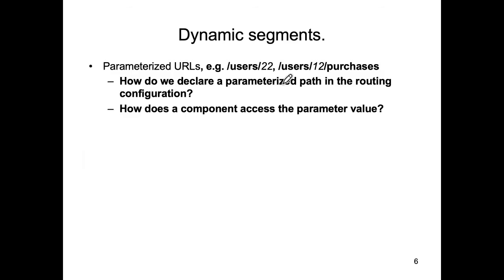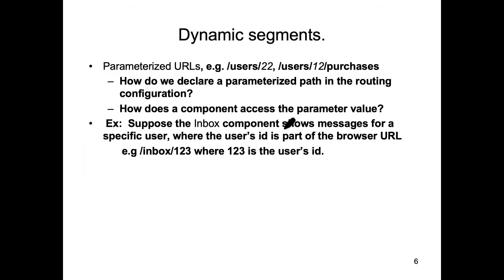So here are my two questions. How do I tell React Router that there is a parameter within the URL pattern, if you like? And how does the component access that parameter value at runtime? So I'm going to illustrate it continuing on with our little example.